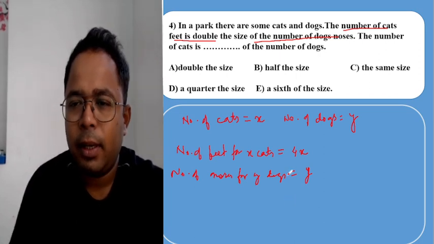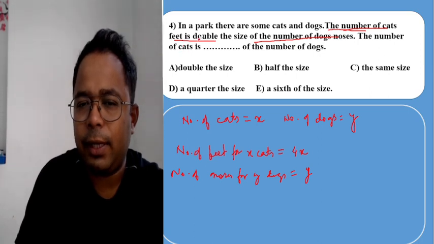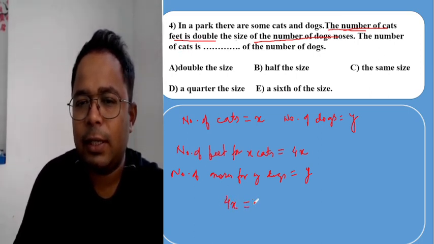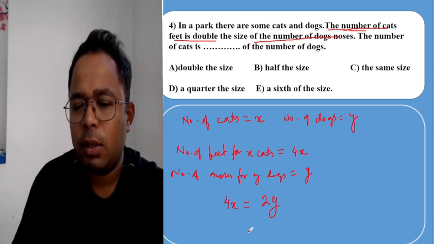Now, as per the question, the number of cats' feet is double the number of dogs' noses. So X is equal to 2Y upon 4, that gives Y upon 2.